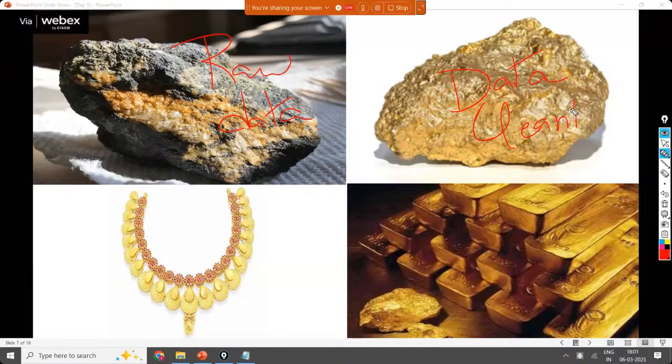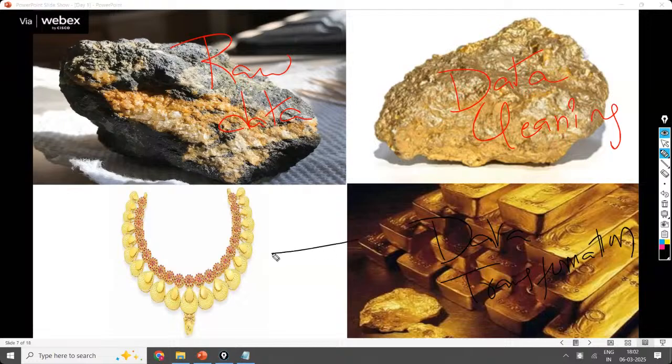Where? On the raw data. On the raw data, first we'll do the data cleaning. And after data cleaning, we will do the data transformation. This is called data transformation. It means we are going to convert the given data from one format to another format. And finally, we'll create this one.